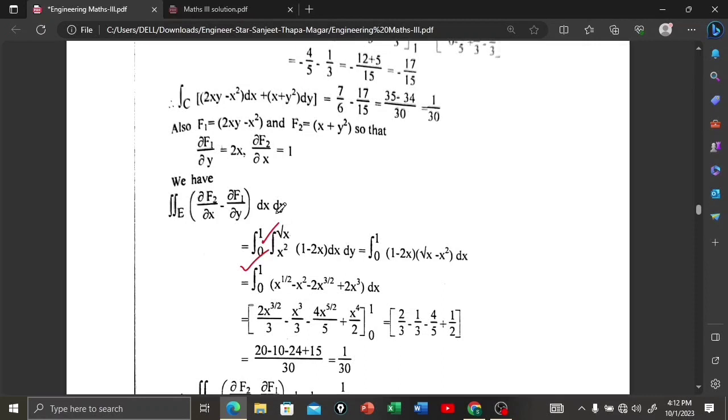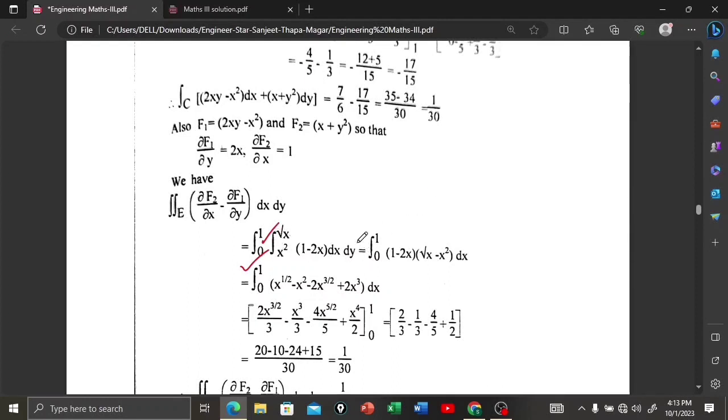First of all, integrating with respect to this variable, 0 to 1, x is constant, so 1 minus 2x, there is no y term, so it is constant, so taking 1 minus 2x outside, it would be with respect to y.